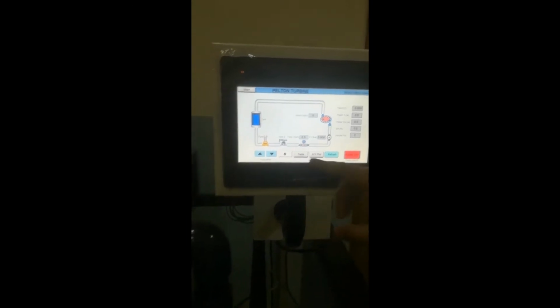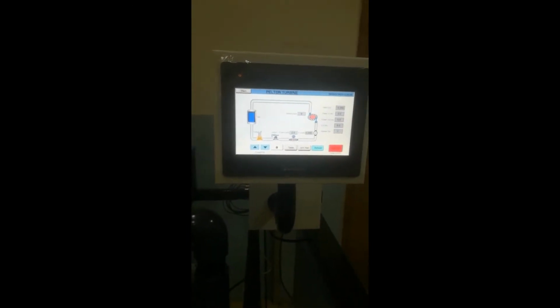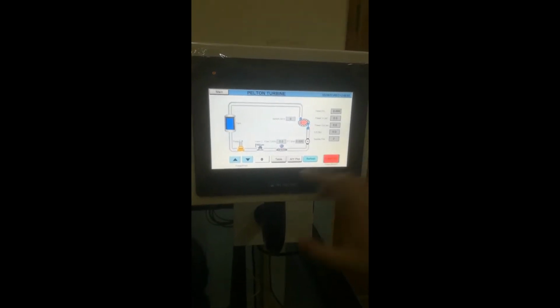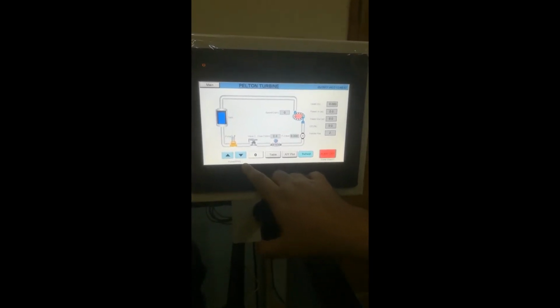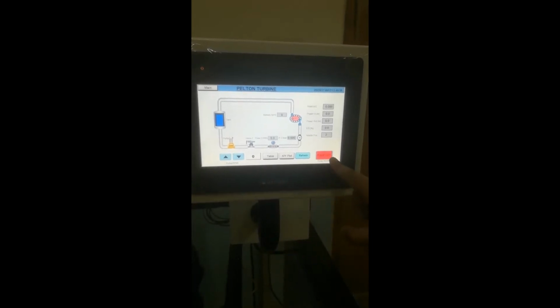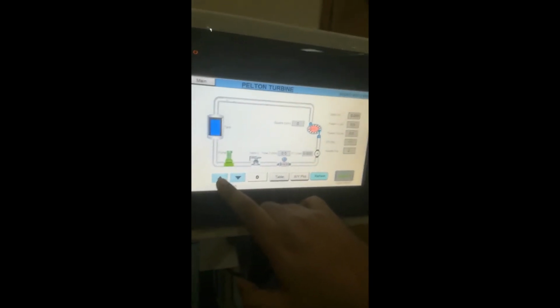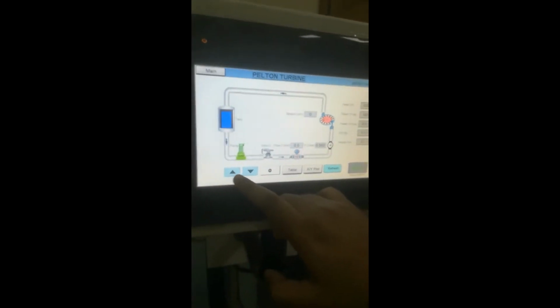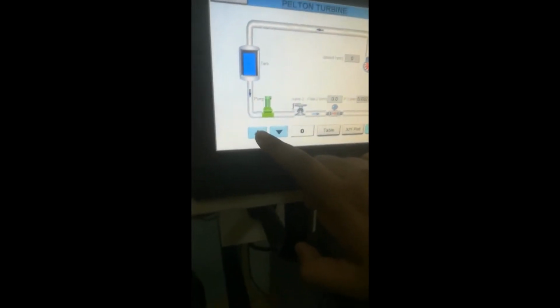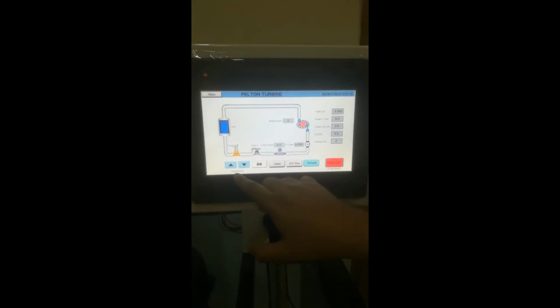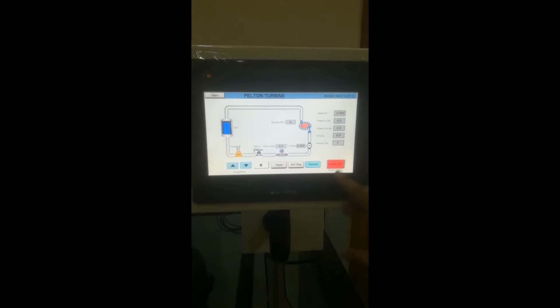So now I will tell you how we will do the experiment. Firstly we have to set the pump RPM to 0, then start the pump.